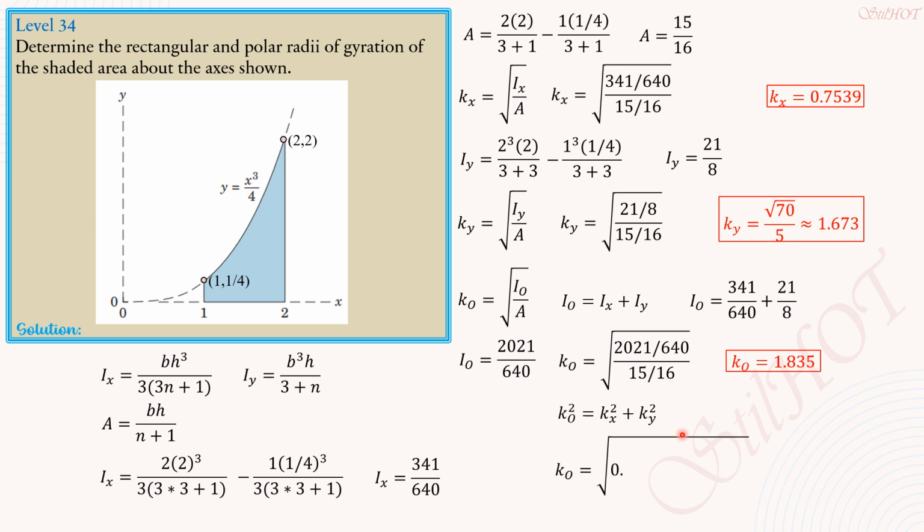So KO is equal to the square root of 0.7539 squared plus 1.673 squared, or the square root of (70 over 5) quantity squared, and it will give us the same result of 1.835. So that's it.